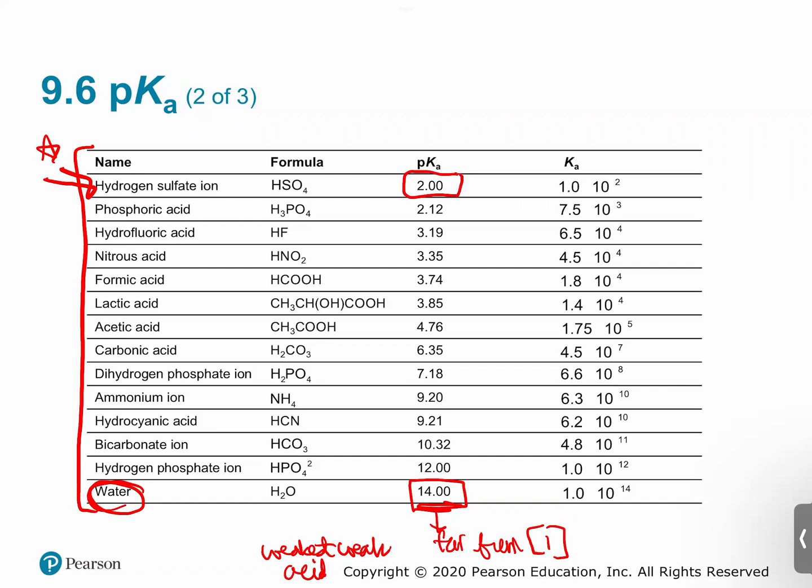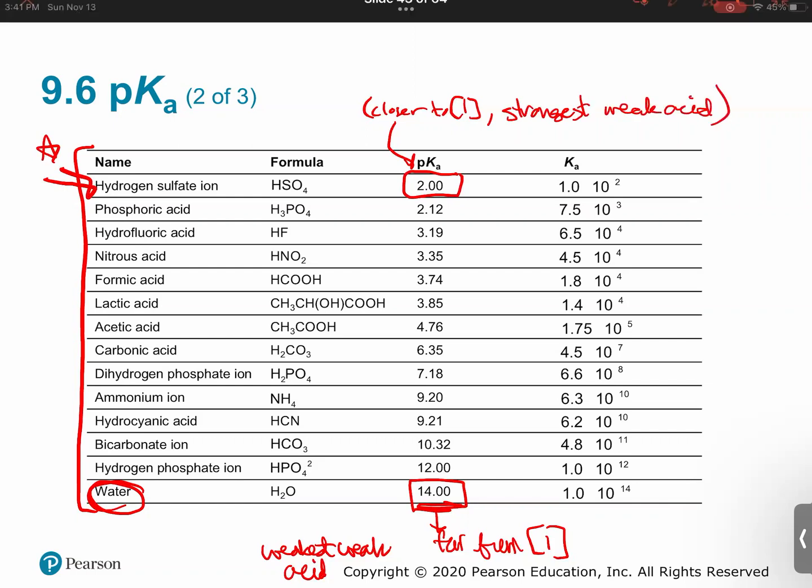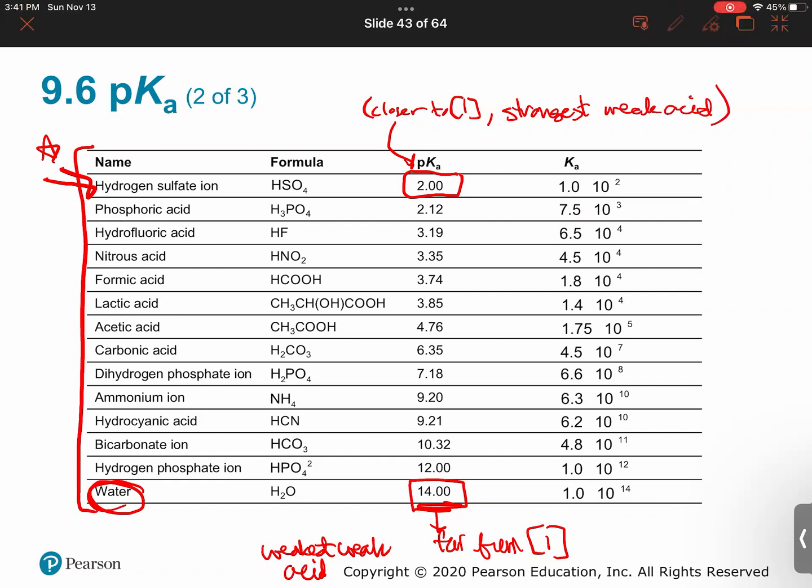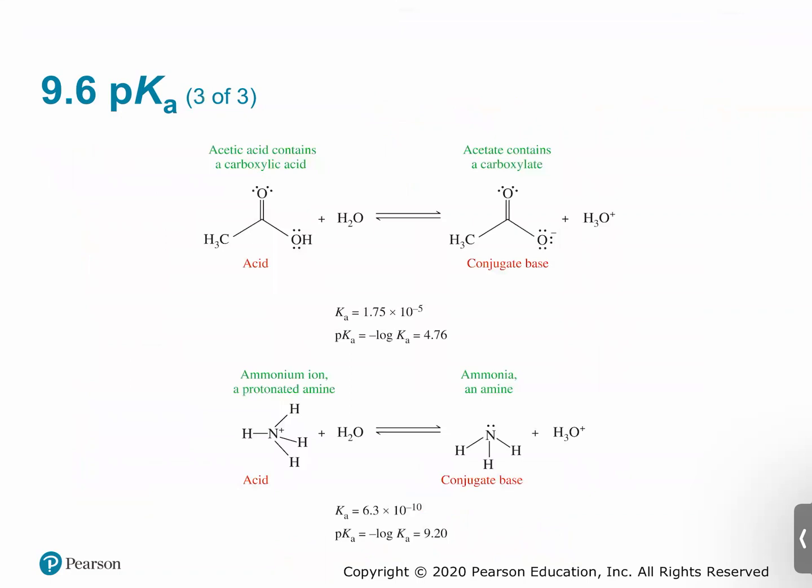So relatively speaking, that's a lot closer to 1. And so that is on this table the strongest weak acid. All right, so just try and understand that concept. Spend a little time with it. This is a really short section.